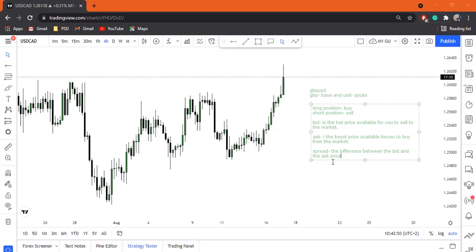The difference between those two prices, that's your spread. And for some brokers, they look at this spread as their fee. For some brokers, you can actually take that as their fee.